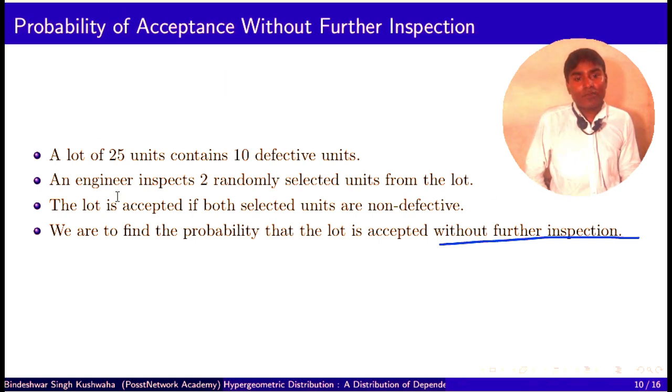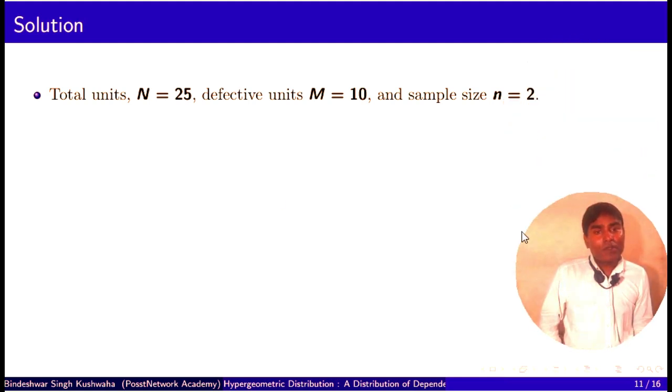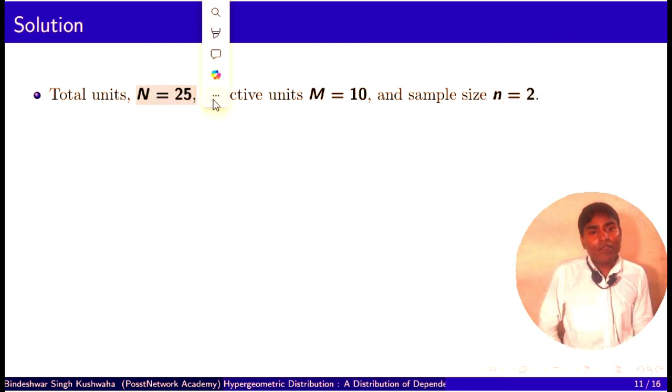See how you will calculate the probability here. N is 25, defective units are 10, sample size n is equal to 2. This is drawn.